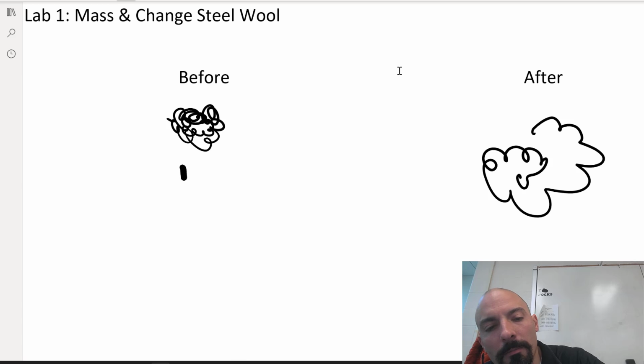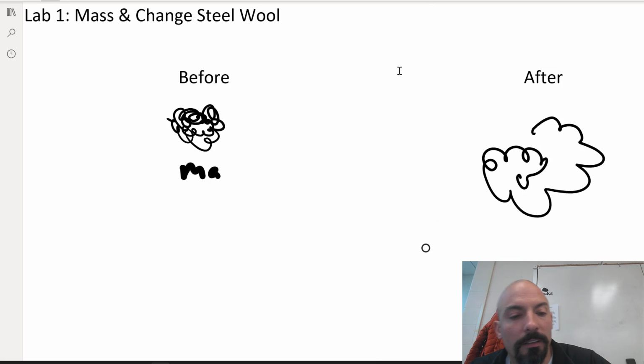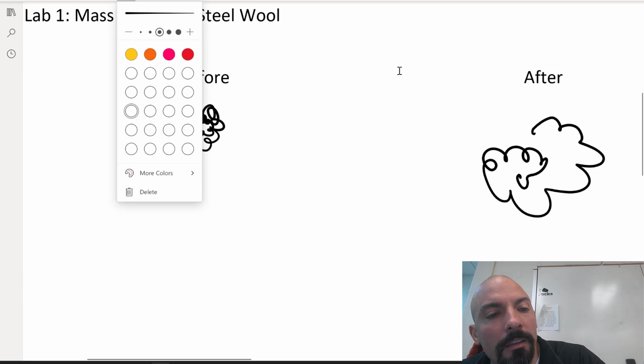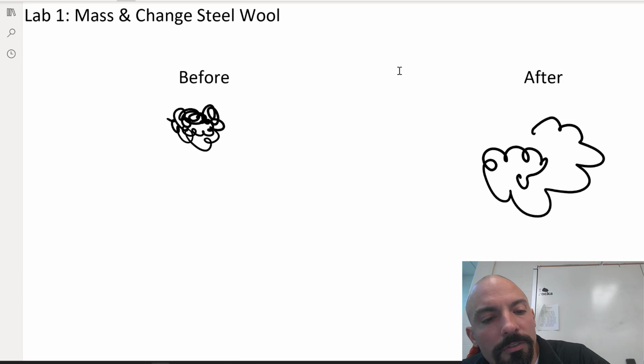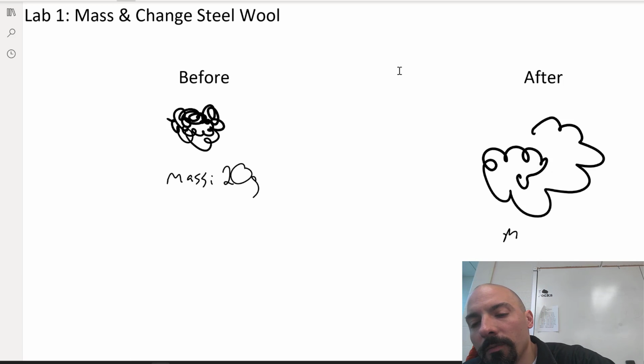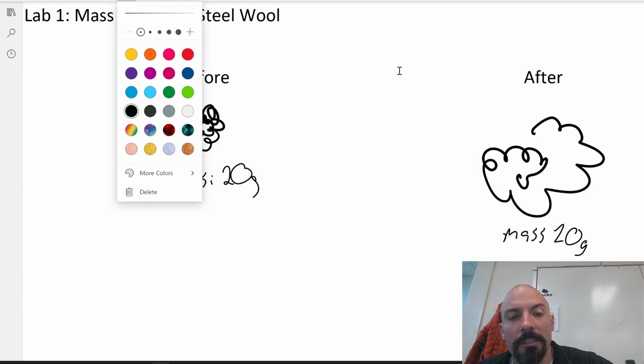Let's say a mass of 20 grams. And then we pulled it apart, with a mass of still 20 grams. And we talked about how we could possibly represent this.